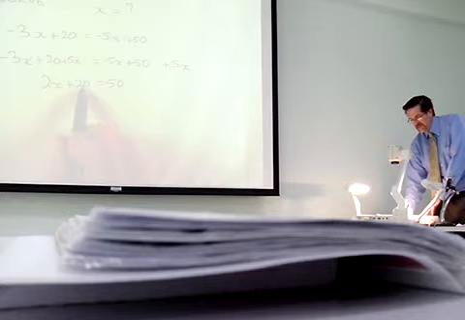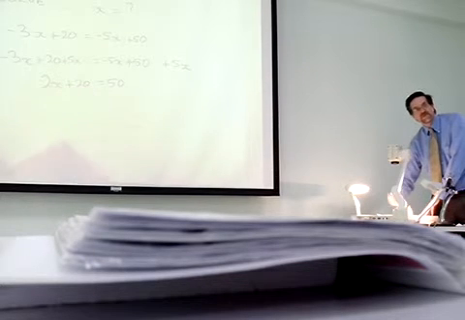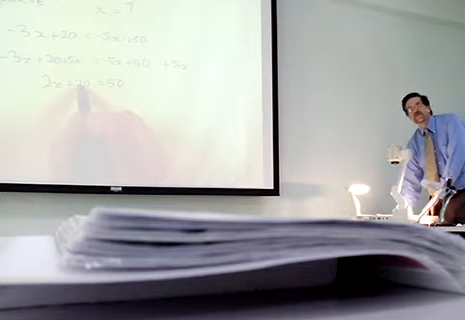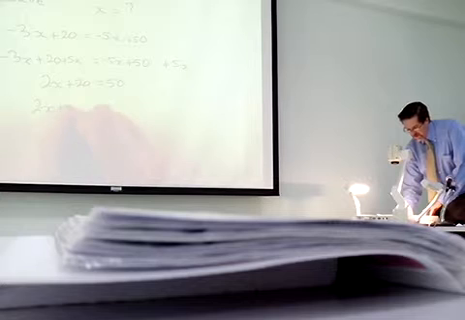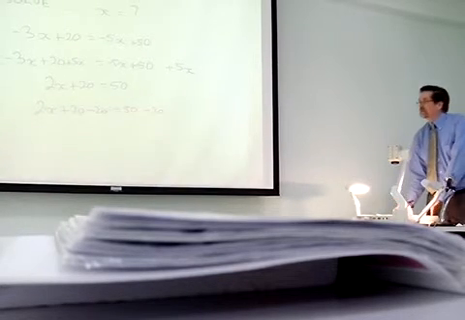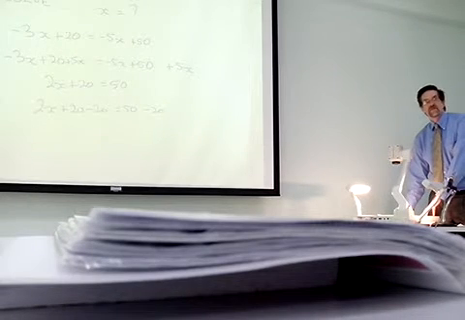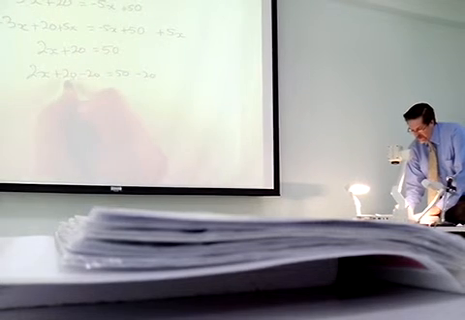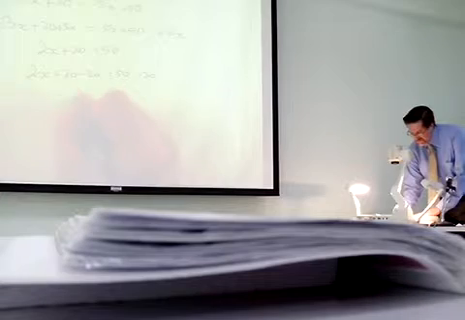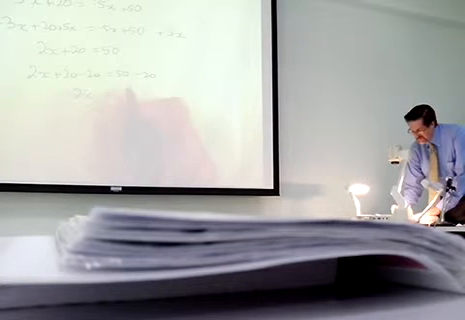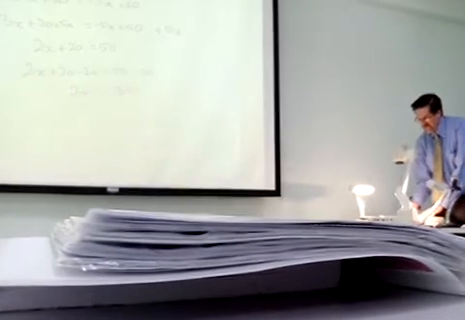Then I've got the 20 over here that I want to cancel out. So what do I have to do? Minus 20. Good. So I subtract 20 here, and I've got to subtract 20 over here so that it balances, right? So the 20 and 20 cancel. 50 minus 20 is 30.